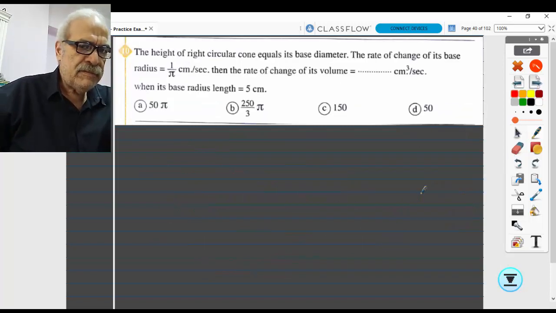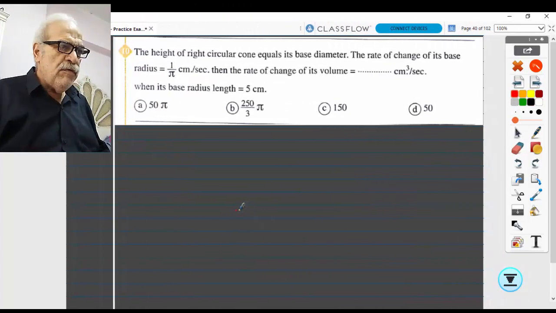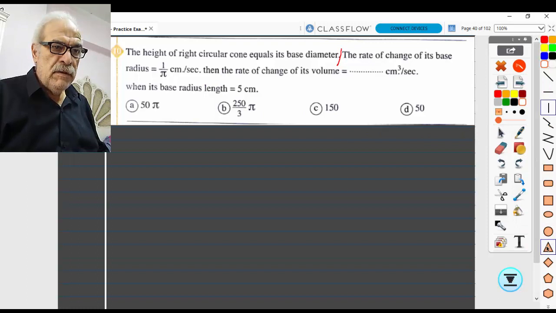Next question. Question 10. The height of a right circular cone equals its base diameter. So I'll start with drawing the right circular cone. Okay.